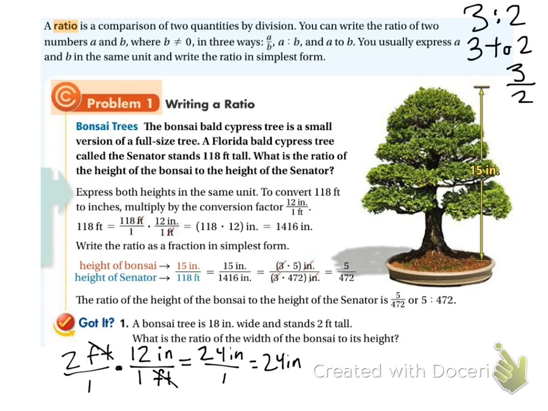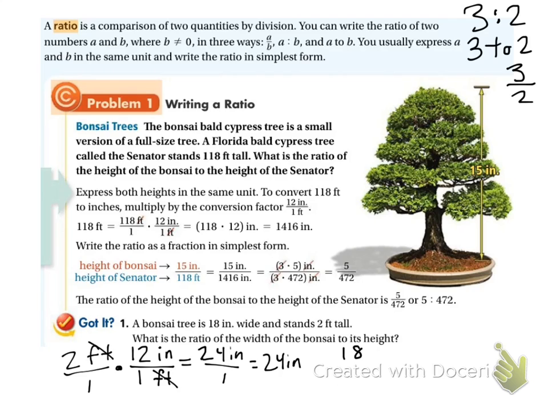So it asks, what is the ratio of the width of the bonsai to its height? Width needs to come first. So we've got 18 inches to 24 inches. And here's two other specific things about ratios. We want to put them in simplest form, and we don't want to use units. So we're going to take the inches off of that.